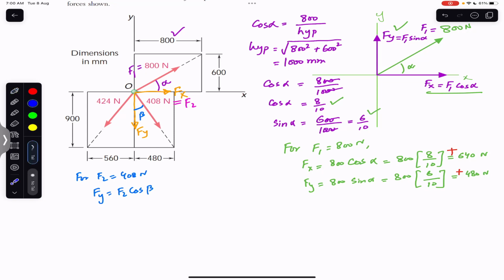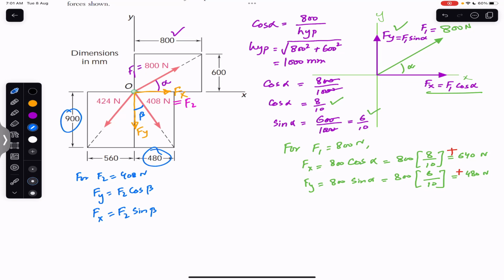Since the f2 is making beta angle with the f of y, the f of y will be the cos component, remember. So f of y is f2 cos of beta, and similarly the f of x component will be the sine component. So we can write that f of x will be f2 sine of beta.